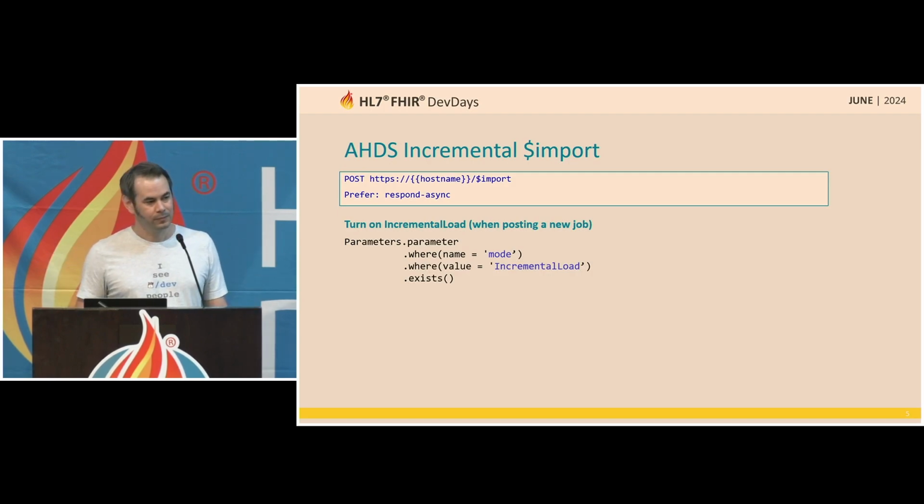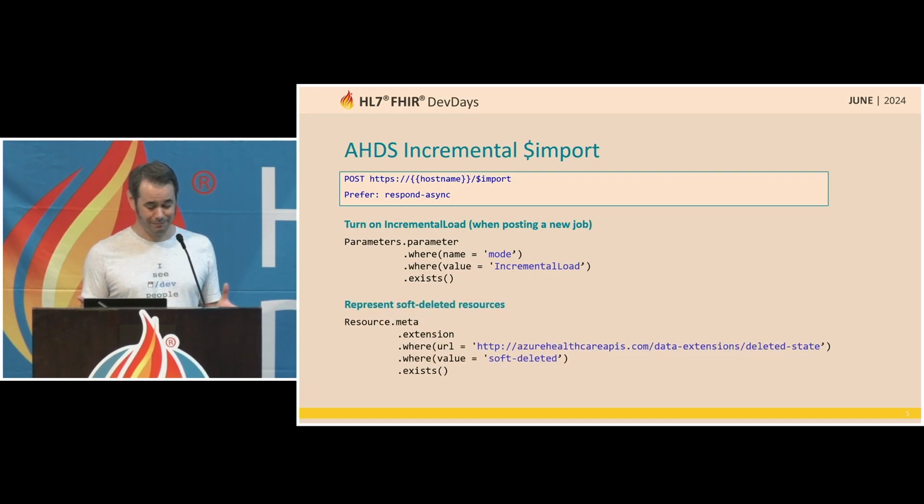Pretty easy. How do you detect soft deleted resources? Again, I've used the actual FHIR path that we use inside the service. If you have a meta extension where it has a deleted state of soft deleted, we will respect that and persist that into the history as a soft deleted resource so you can synchronize the full system history.